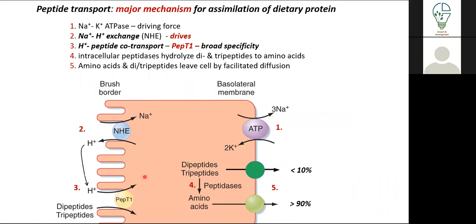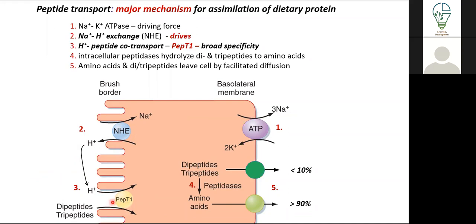The mechanism for the peptides is not sodium dependent. It's actually hydrogen dependent. So again, we start from the beginning, with a sodium potassium pump kicking out sodium. Great, so we have low sodium here. But this time we want the low sodium because we want to use the sodium hydrogen exchanger. So we get sodium inside and we push hydrogen outside. Now we have high hydrogen outside, low inside, so the hydrogen wants to go back in, and it goes back in through the peptide transporters.